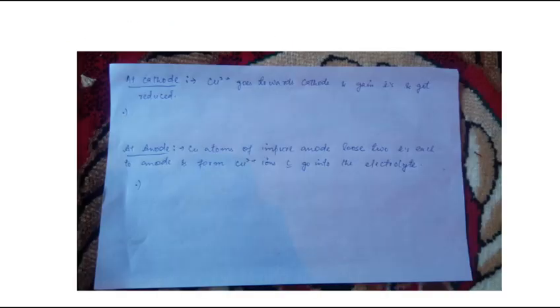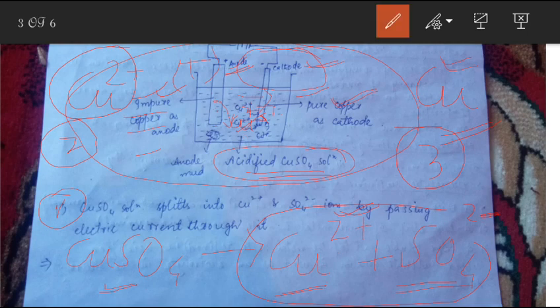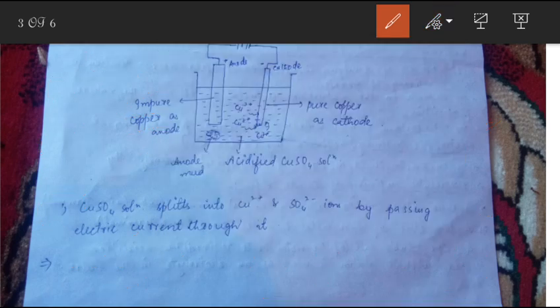So here at the cathode, copper ions will move towards the negatively charged electrode. There are two types of copper ions. The first one is from the copper sulfate solution. The second one is from impure copper, which after losing its electrons goes into the solution, and from that solution moves towards the cathode.